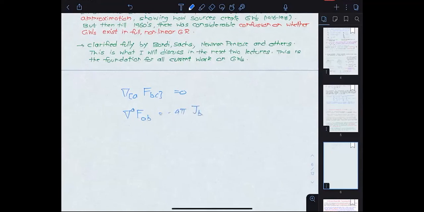I think one can write it better, in a completely symmetric way.